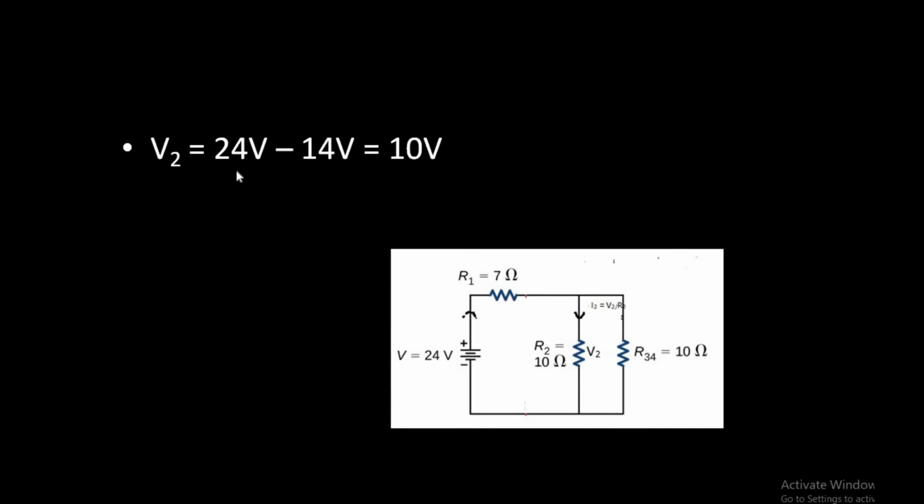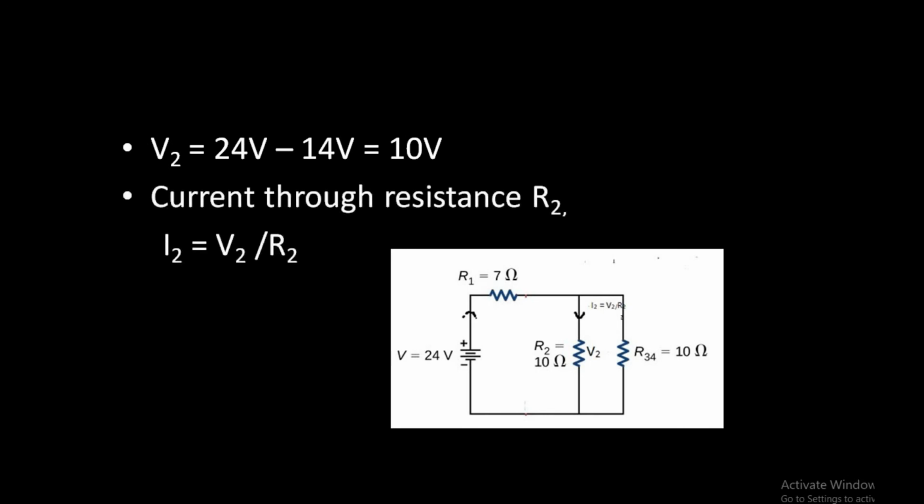So V2 equals to 24 minus 14 volt, that is 10 volt. Okay. Now the current through resistance R2, that is I2, equals to V2 upon R2. On putting the values, V2 equals to 10 and R2 equals to 10, we got I2 equals to 1 ampere.